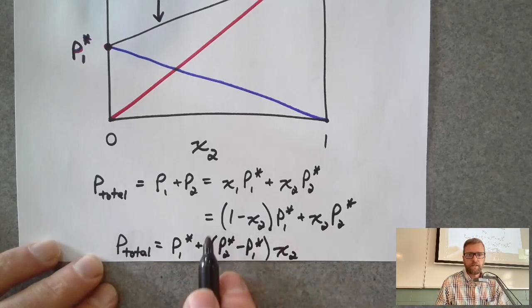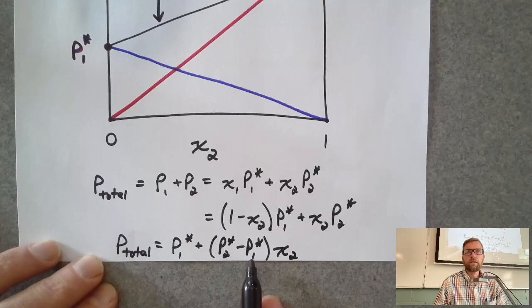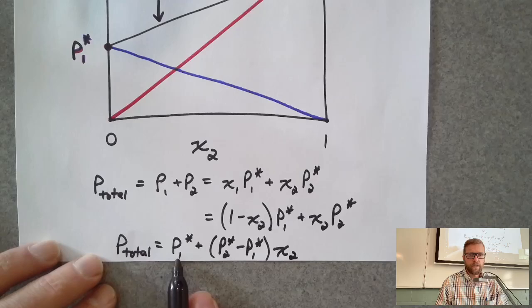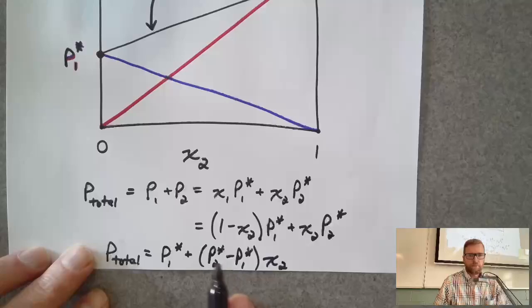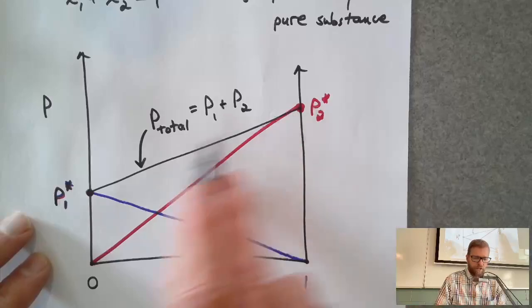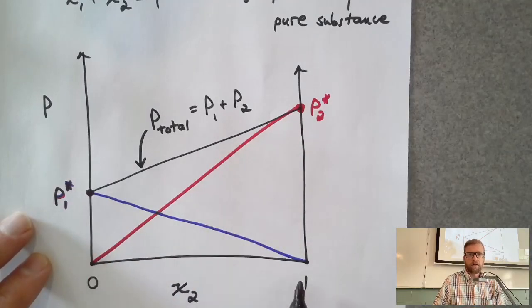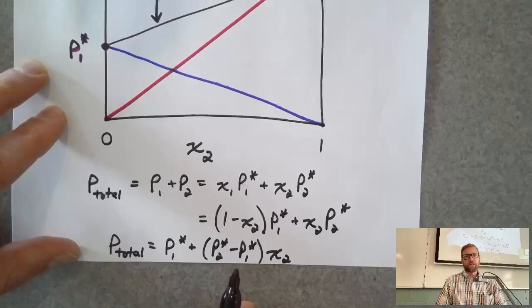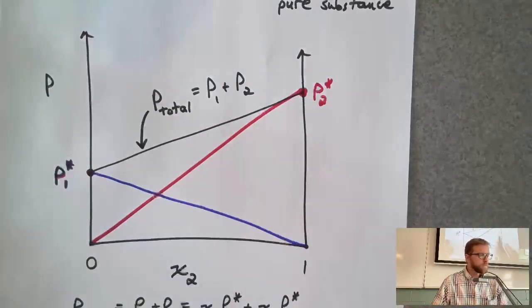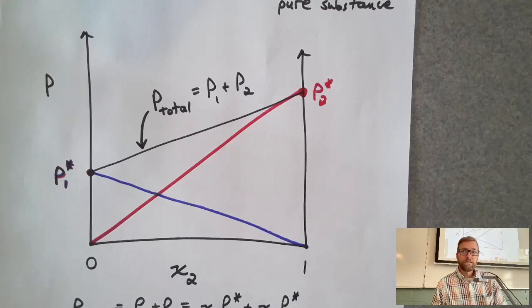M is this right here, X is that, and B is this. So this is my intercept, P1 star. This is my slope, which is P2 star minus P1 star. Well, is that the slope? Let's look. P2 star minus P1 star divided by 1. So the rise over the run, that's your slope. So this is just the equation for a straight line. Okay, so far so good, right?